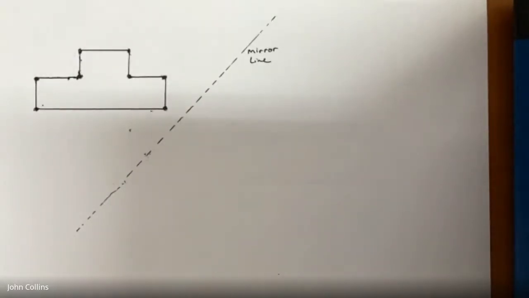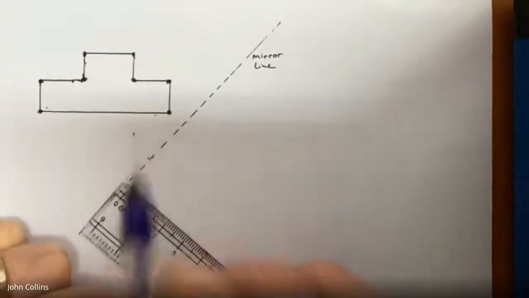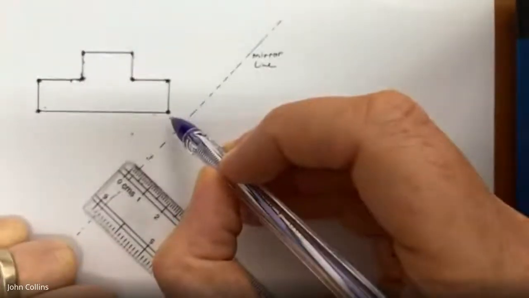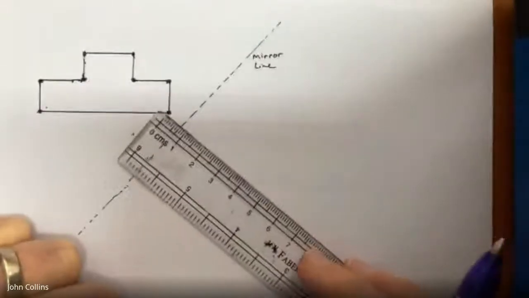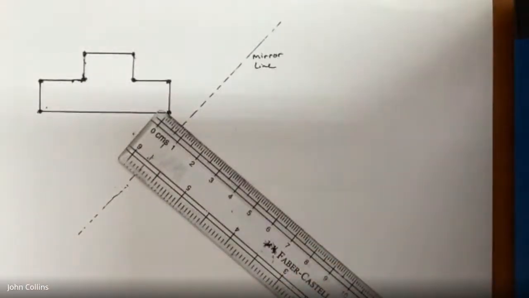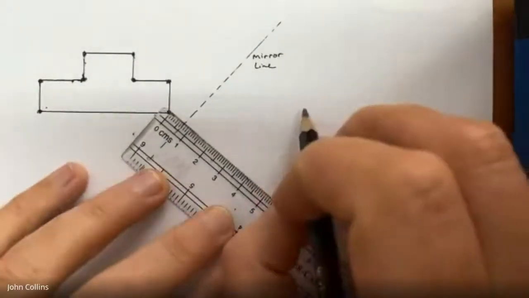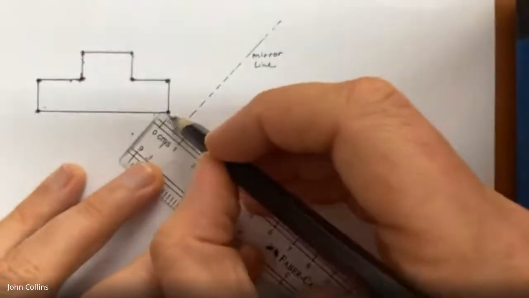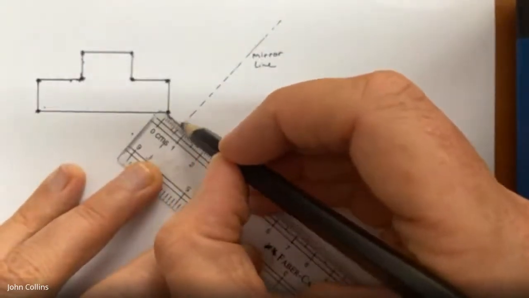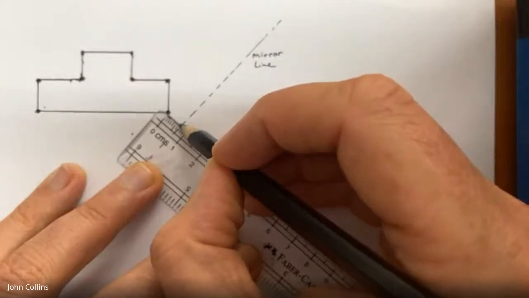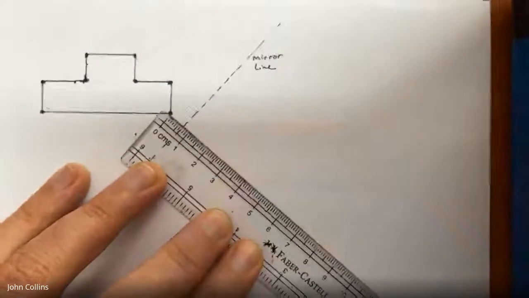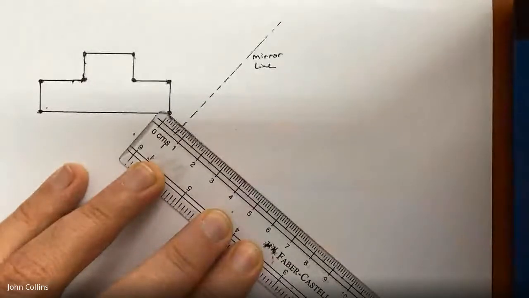Remember, if this dot is looking in its mirror, let's just do the one closest. And you really need a ruler for this one. Perhaps I'll switch to a pencil in case I make a mistake. This dot looks at itself here, and it's 0.7 centimeters or 7 millimeters away from the mirror. So its image must be the same.